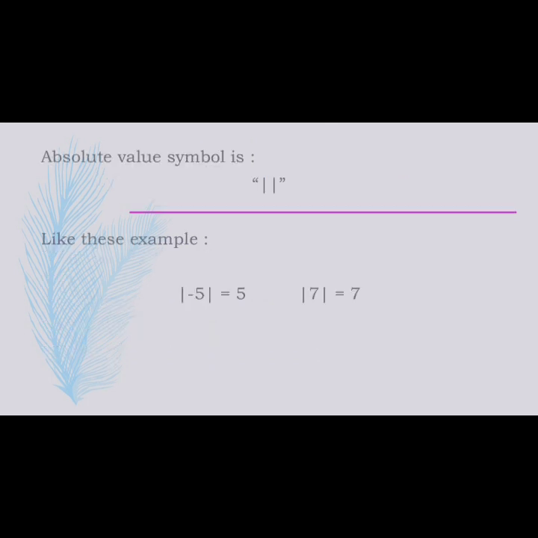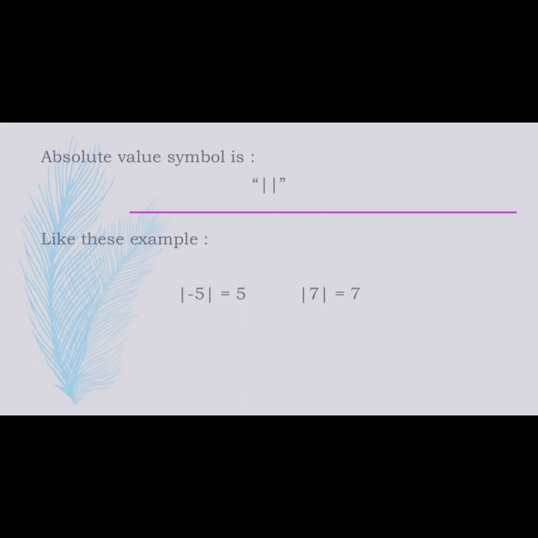Okay, the absolute value symbol is a straight line, and we can call them bars, and they are found on the right side of the keyboard, or we can find the symbol in Microsoft Word in the equation section.